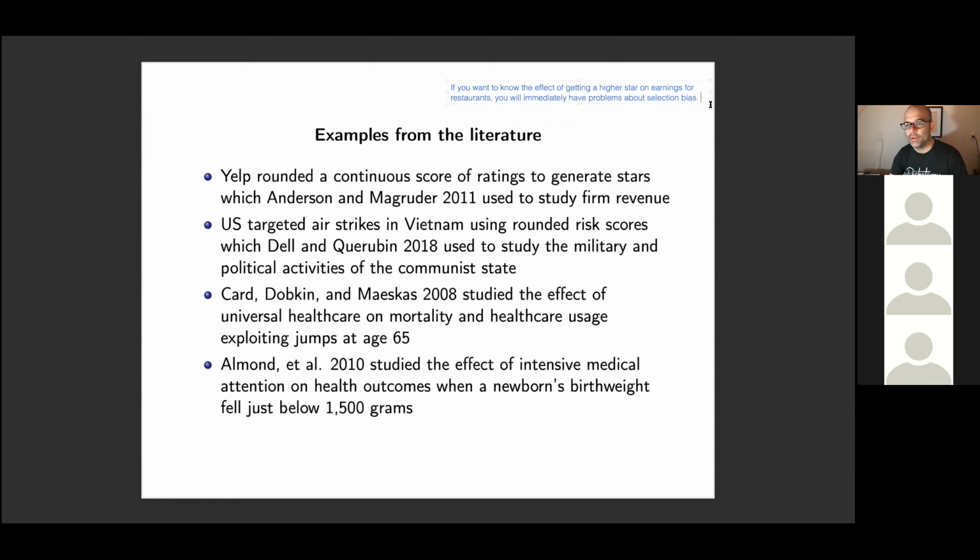The best restaurants get higher scores because they are popular and excellent.